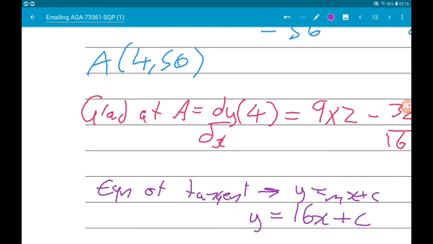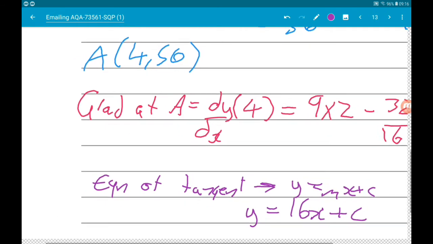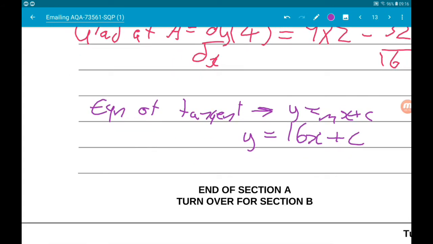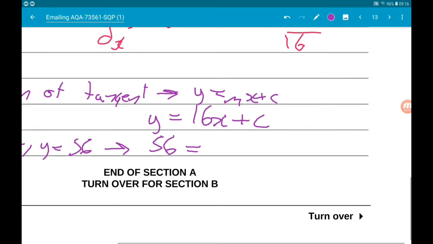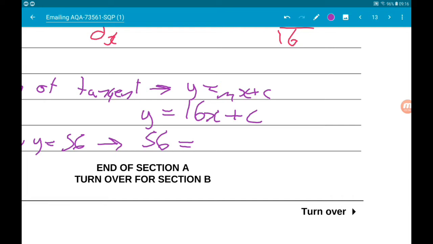So our coordinates are 4, 56. So when x is equal to 4 and y is equal to 56, we get 56 is equal to 16 times 4, which is 64, add c.